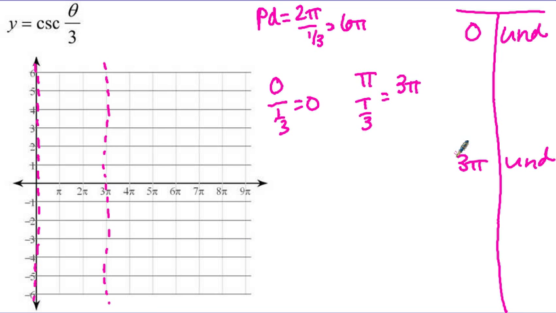And then, if you look at this section, so 0 to 3 pi, you're going to add 3 pi again to get the next asymptote. So 3 pi plus 3 pi is 6 pi. And that is also undefined. So I know I have another one over here.